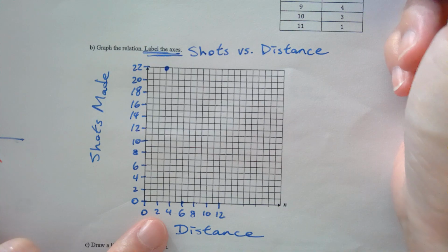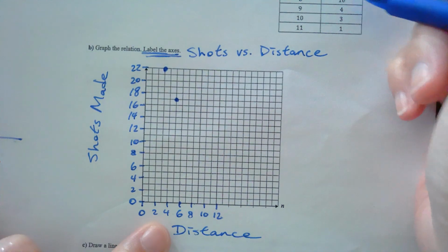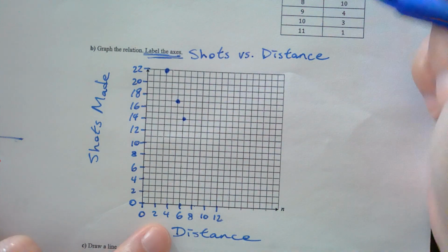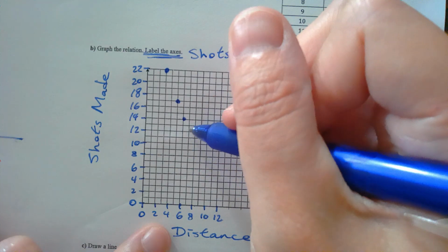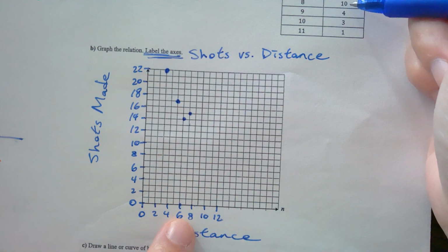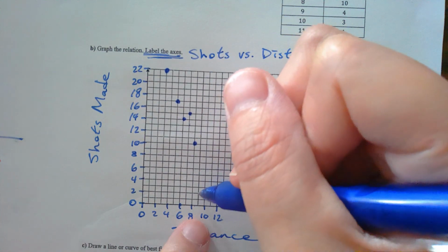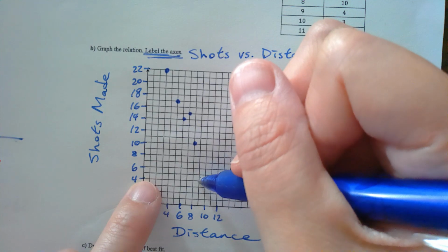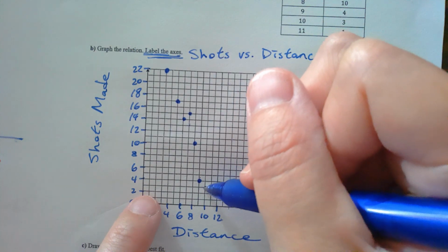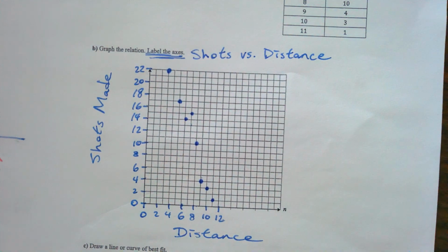Don't worry about that. 5 and 17. 6 and 14. 7, 15. 8 and 10. 9 and 4. 10 and 3. 11 and 1. Okay.